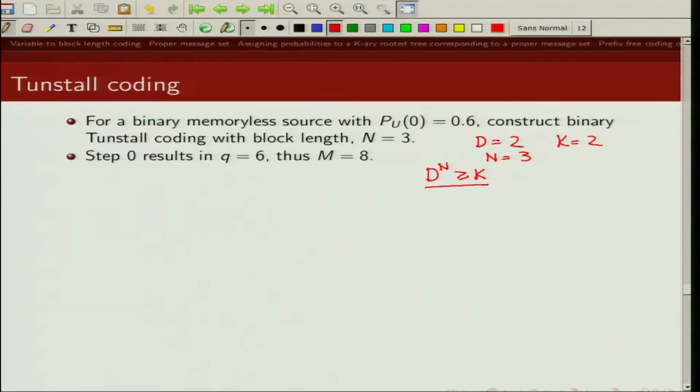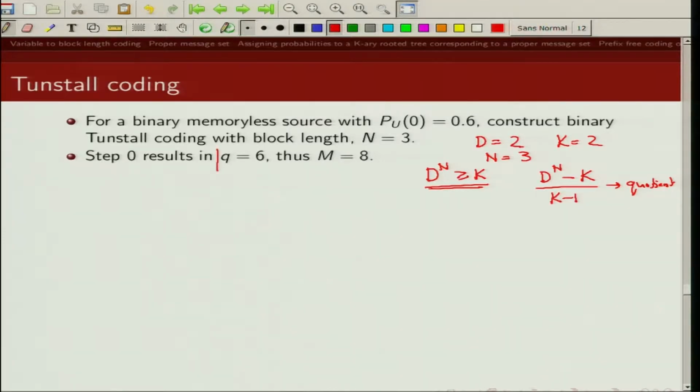So this condition holds. Next, we need to find the quotient when D raised to power n minus K is divided by K minus 1. K minus 1 is 1 in this case, and D raised to power n is 8, minus 2, that is 6. 6 divided by 1, the quotient is 6.